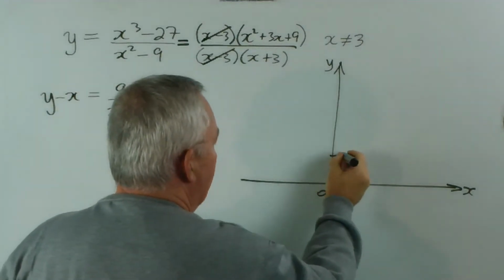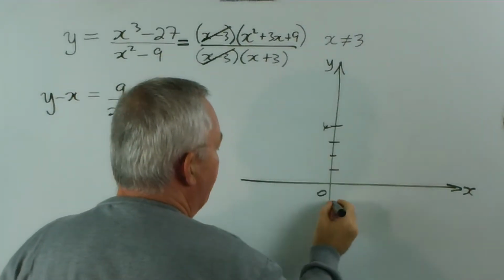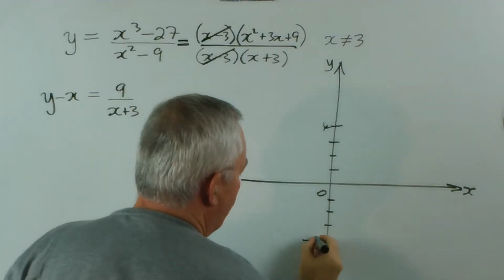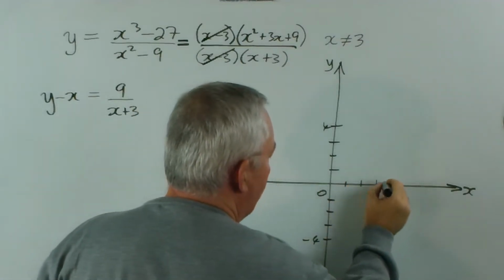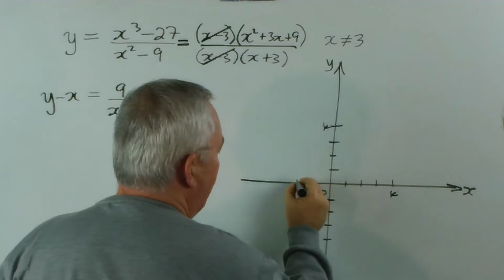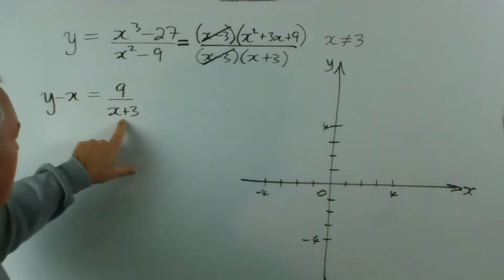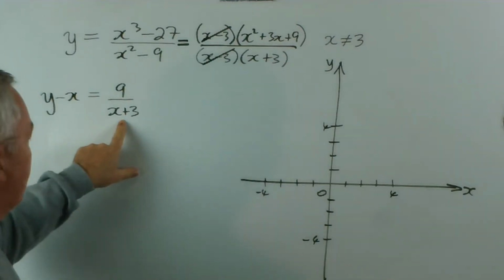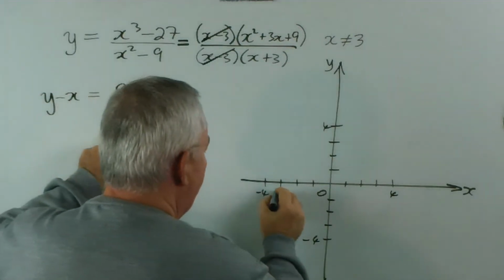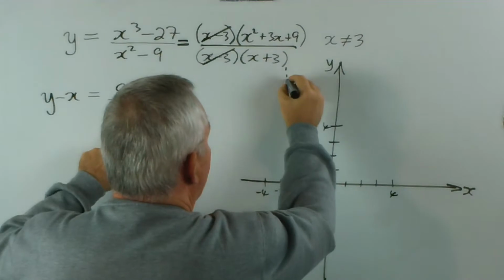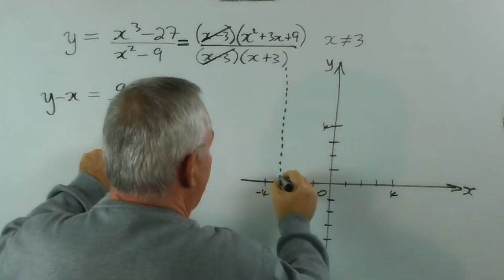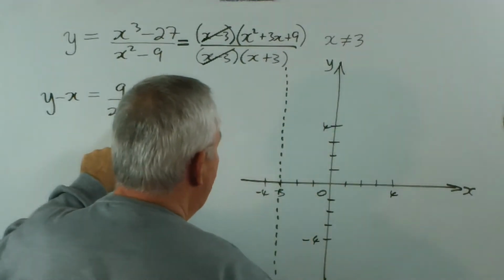I'll put some units on first. 1, 2, 3, 4, negative 1, 2, 3, 4. So we have one asymptote at x equals negative 3. Let's try and draw that in.